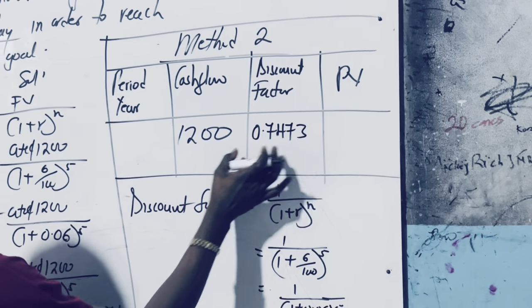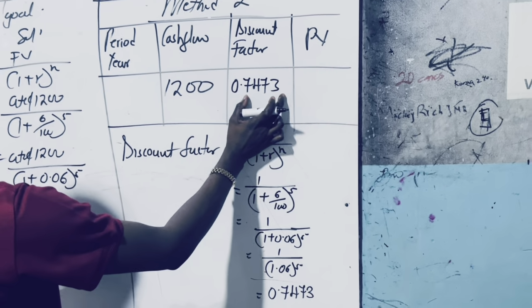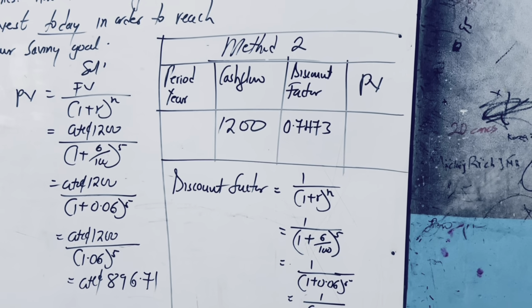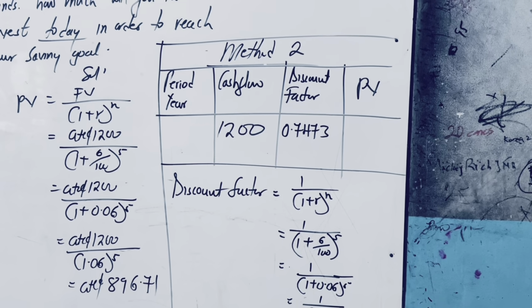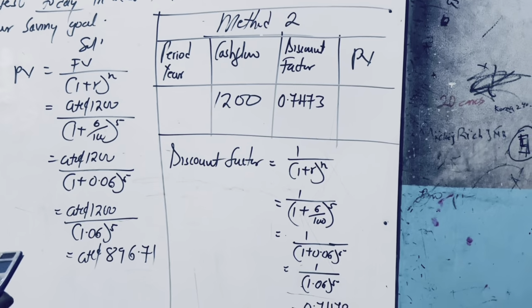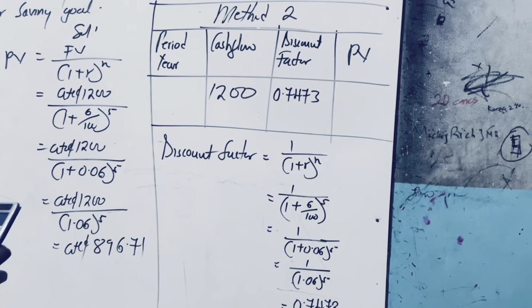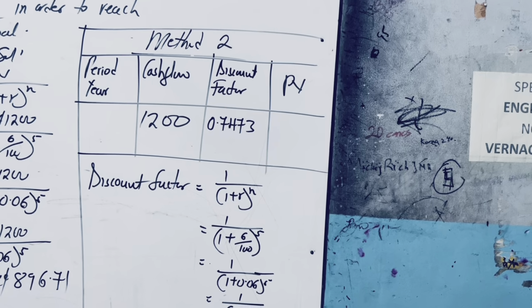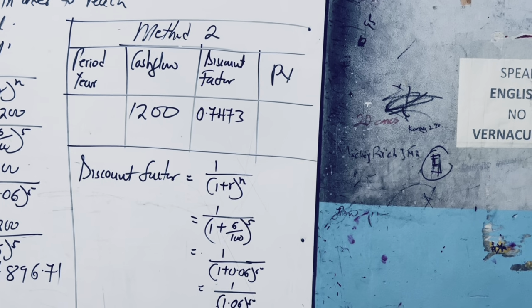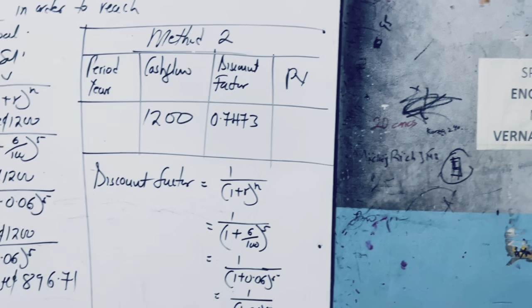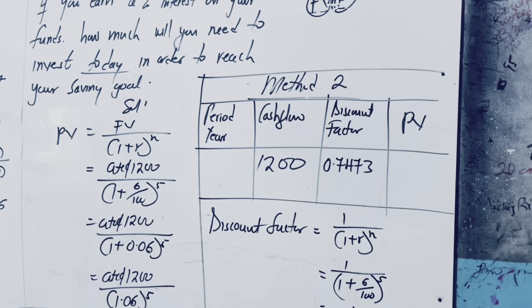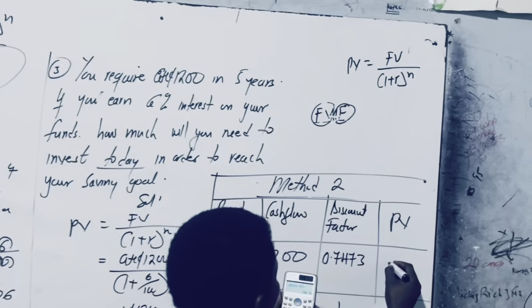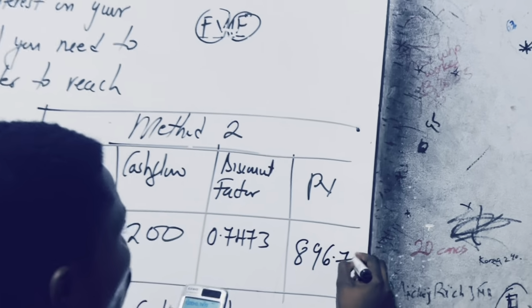Then we multiply this by this. So let's multiply. We have 1,200 times 0.7473, and that will give you 896.76.